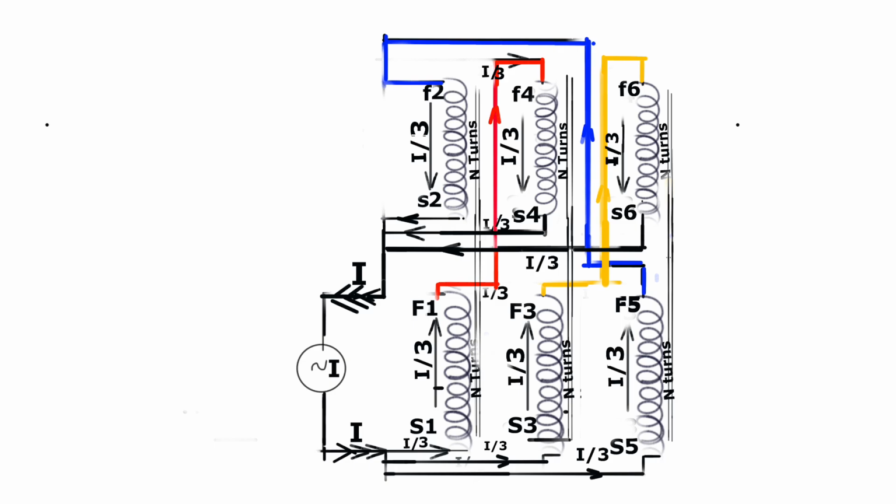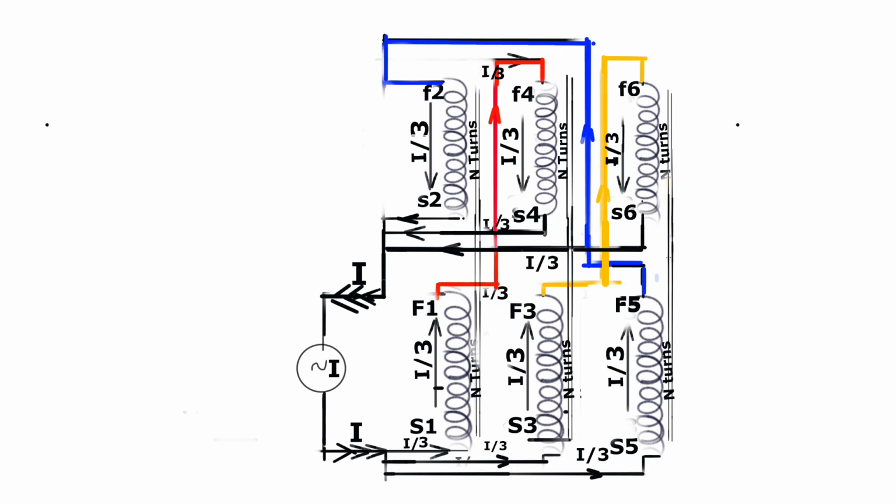Now the zigzag transformer is going to take birth. Let us remove this current source for clarity and then connect the short S1, S3, S5 to a neutral and connect the neutral to the ground.